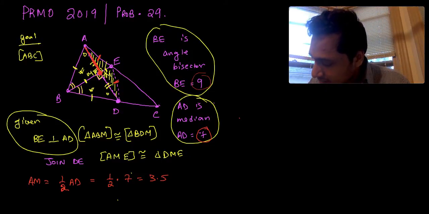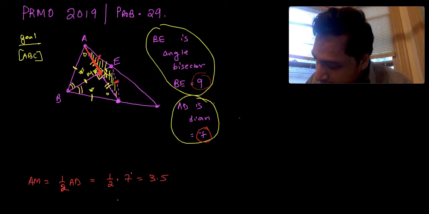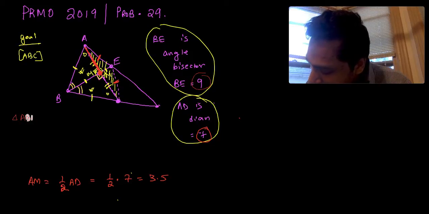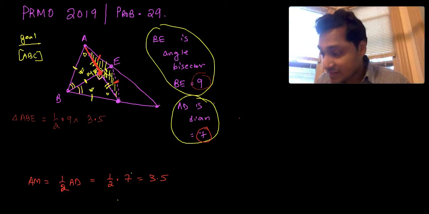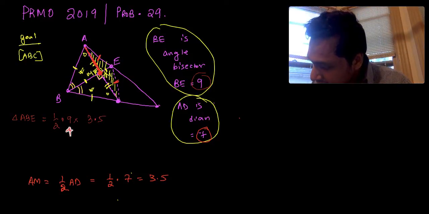Let's compute it. So triangle ABE is half times the base, which is BE, 9, times the height, 3.5. This is BE and this is AM.